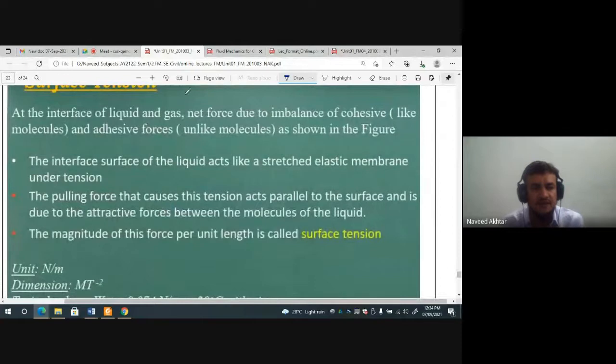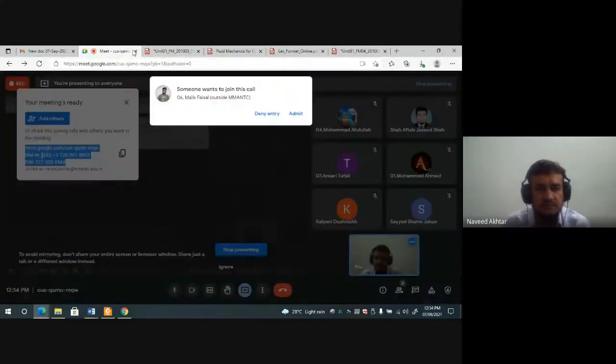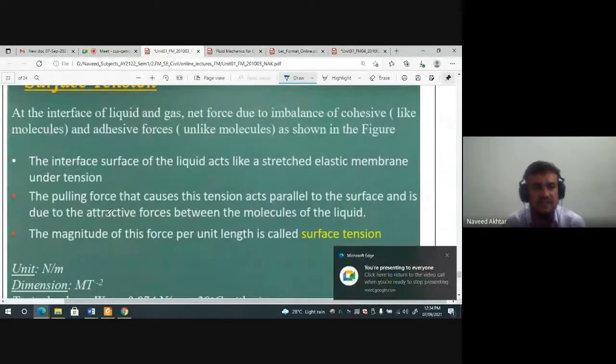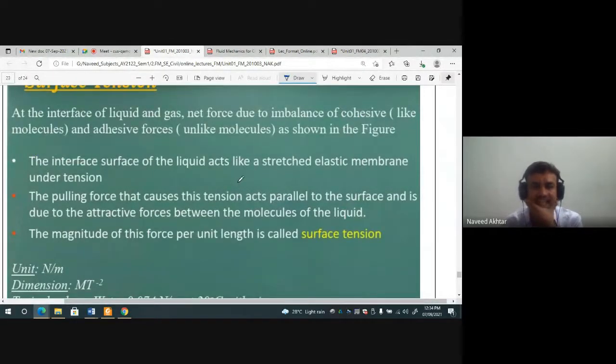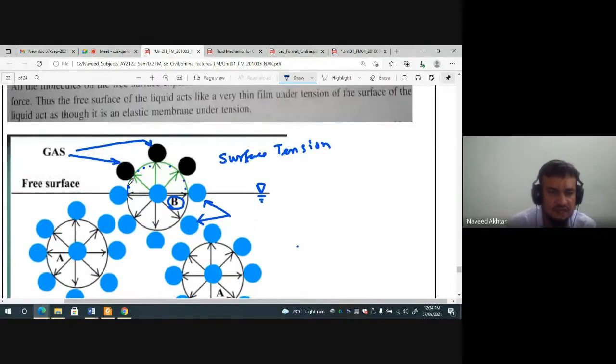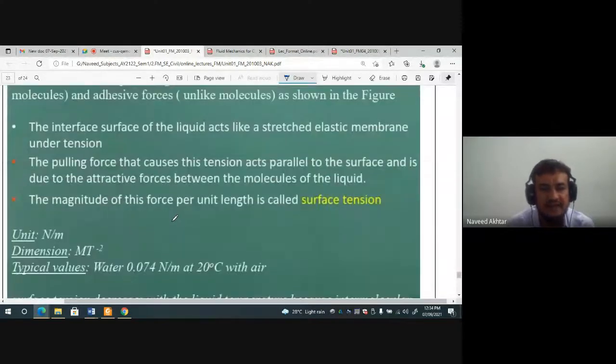Okay, the interface surface of the liquid acts like a stretched elastic membrane under tension.